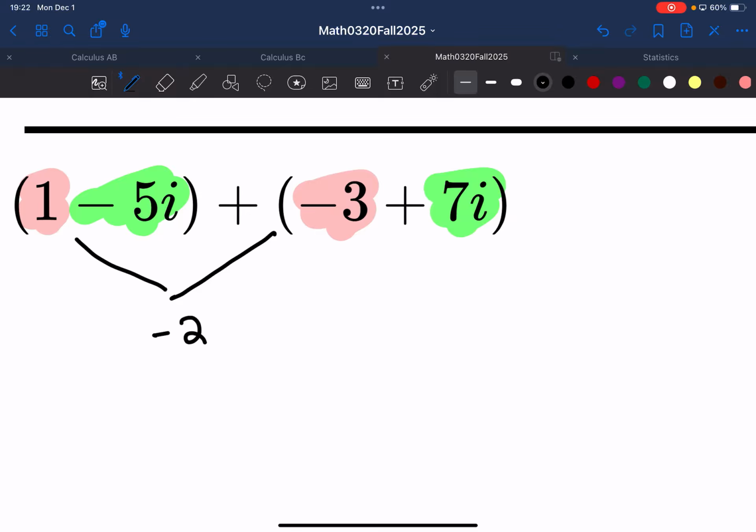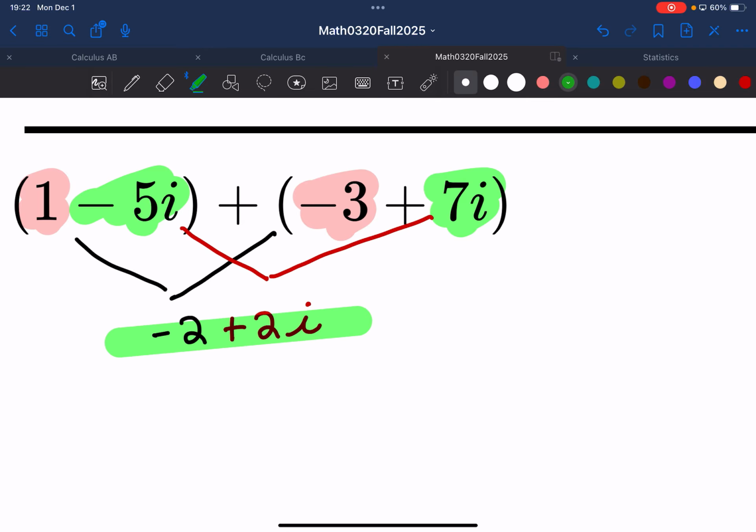And then I do the same with the imaginary part. Negative 5i plus positive 7i gives me plus 2i. So this is negative 2 plus 2i. This whole thing would be my answer. So I can only add the like terms together. Imaginary with imaginary, real with real.